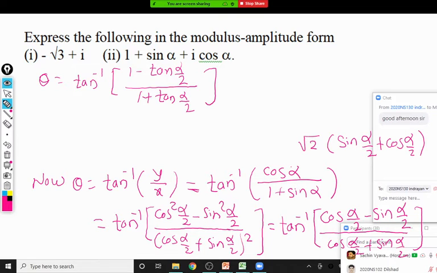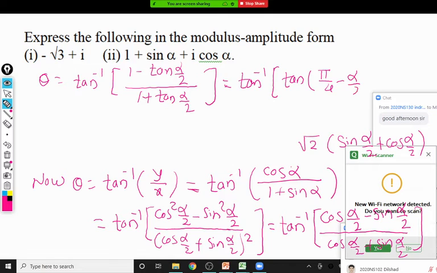Now this one is tan pi by 4, and again by the formula that you learned in 12th, this is tan inverse of tan of pi by 4 minus alpha by 2. Obviously this tan inverse and tan get cancelled and we get theta as pi by 4 minus alpha by 2.